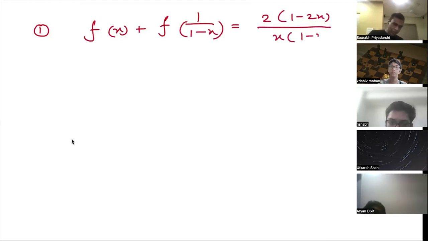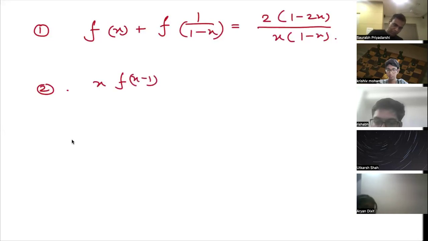Solve for x, like fx, you have to find fx. In this case, fx is a polynomial. For the second case, not the first one.